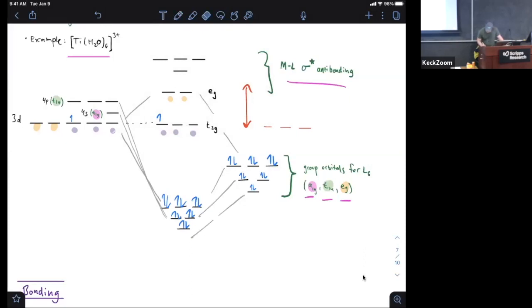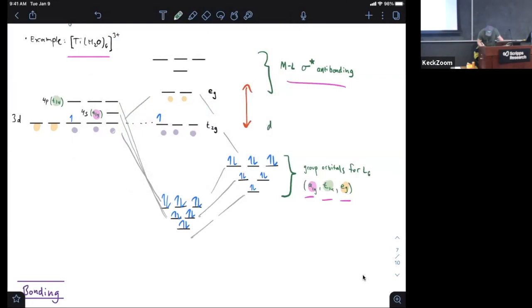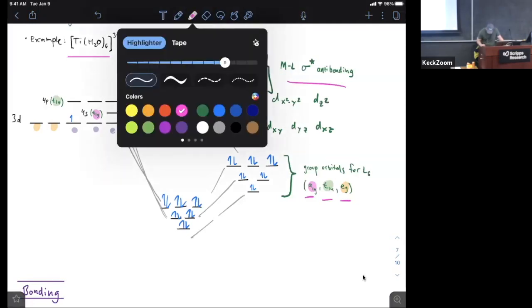And so, in essence, now we have, in terms of the orbitals that are involved, xy, yz, xz, x squared minus y squared, and z squared. And look what this ends up simplifying to.